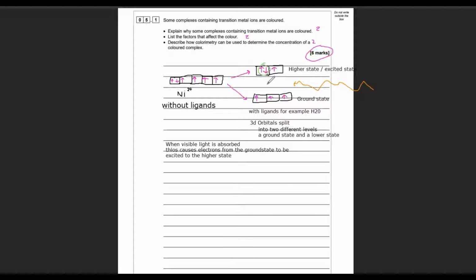That provides some energy for one or more electrons to be excited, and they leave the ground state. As you can see, I've circled in green that little spin-paired electron has jumped up to the higher state. So the marks for this first section are for saying the 3d orbitals split with ligands, and visible or white light is absorbed, causing electrons to move from the ground state to the higher state.